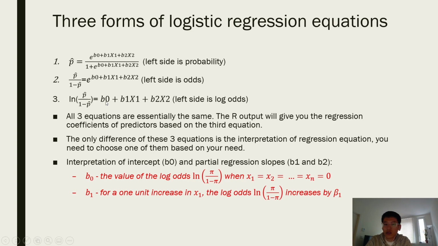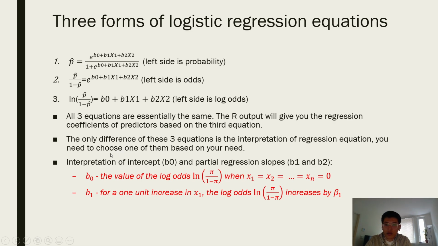If you have those estimates, you can just put it back by going backwards to form the equation in number 1. So your y will become the probability, and on your right side is the equation that involves your estimates for the predictors.